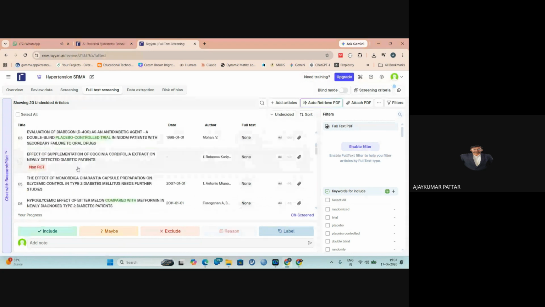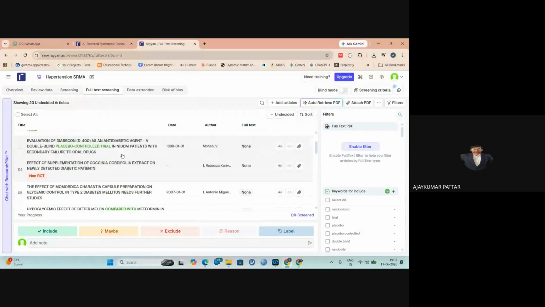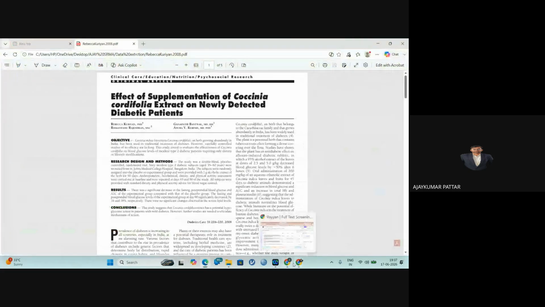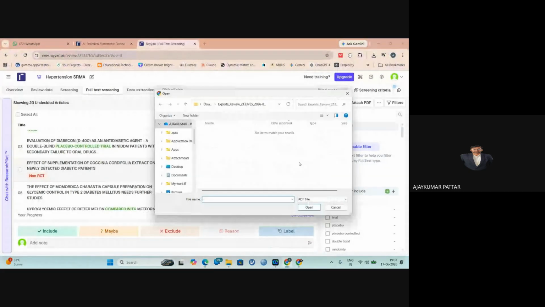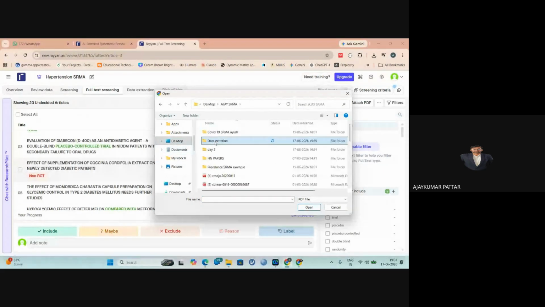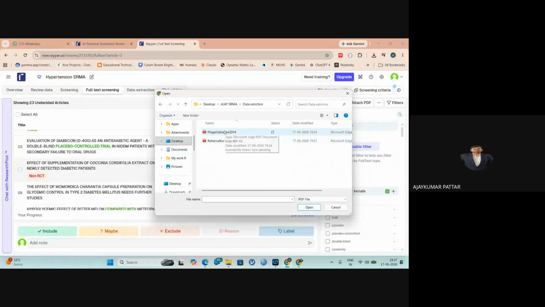Diabicon, this one maybe. Coccinia cordifolia extract, this one. So I will attach here. I will go here. So this one.